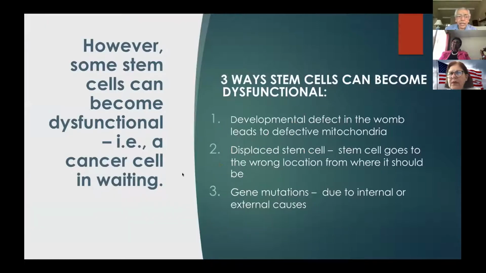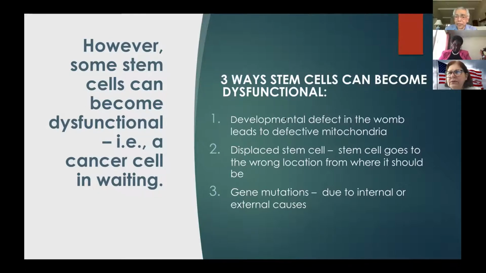Now, in addition, some of the stem cells that I mentioned earlier could become dysfunctional, and they are called a cancer cell in waiting because they have the capability to divide. And if they are dysfunctional, then they may not respond to a signal to stop the cell division.